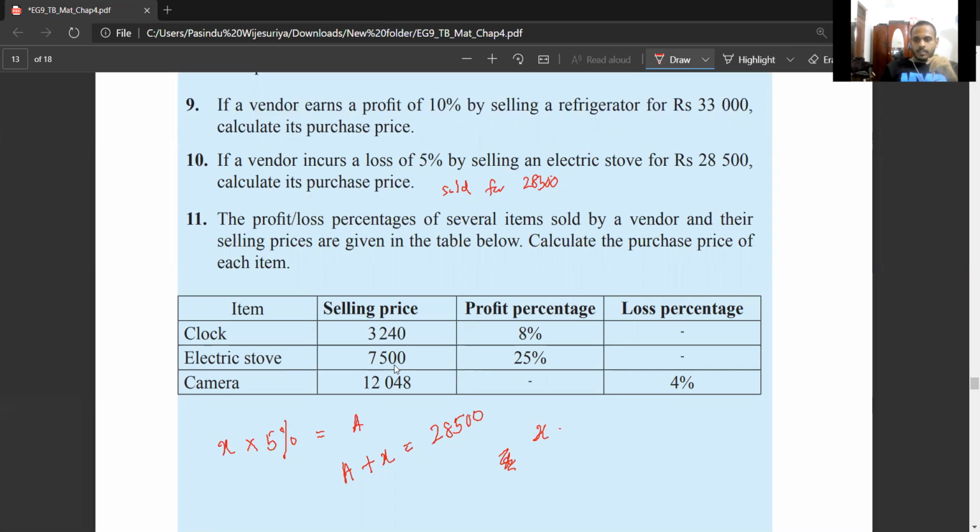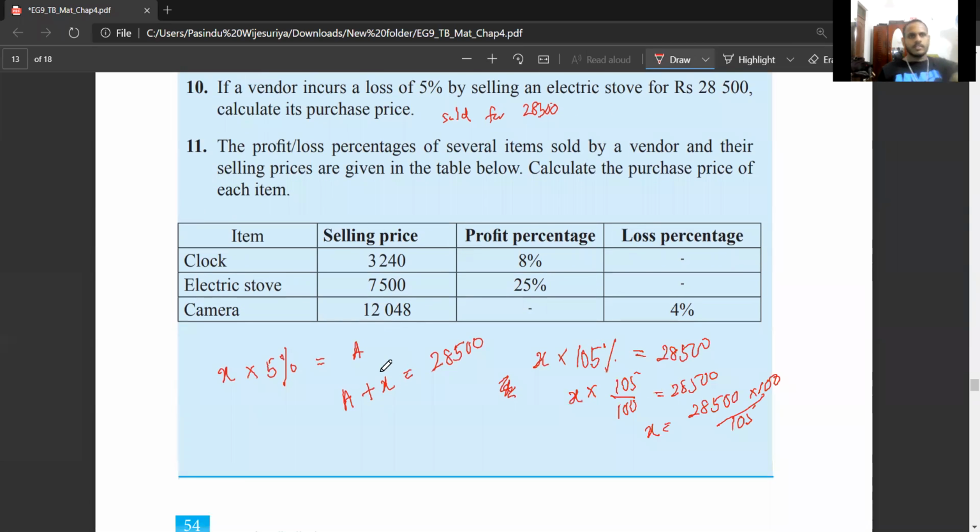So x into, this 5% you add to the 100%. 105% is equal to 28,500. So 105 over 100 equals 28,500. X equals 28,500 into 100 divided by 105.